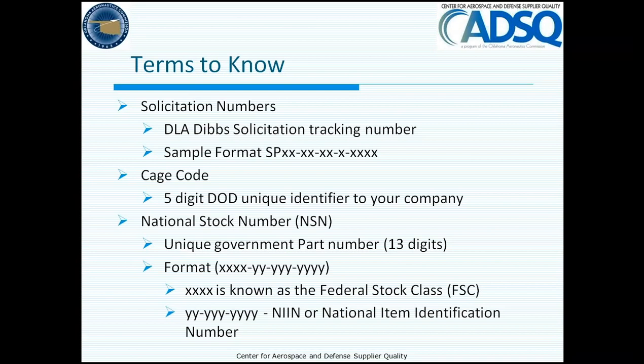The next information you need is the national stock number. The national stock number is a government part number. Original equipment manufacturers will have a part number, and everybody's familiar with those. The government will then assign a national stock number, or NSN, to all of the parts that they procure.